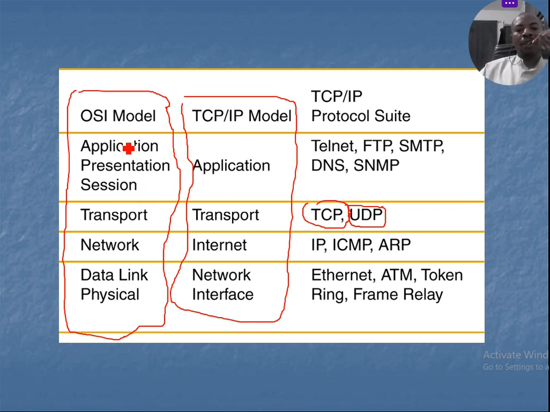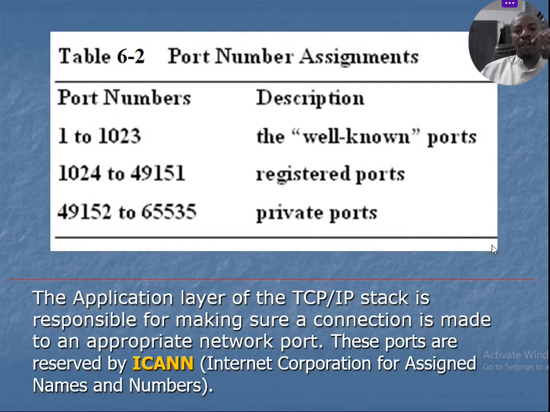All these three are compressed to become the application layer here. The protocol suites used at the application level include Telnet, the File Transfer Protocol (FTP), the Simple Mail Transfer Protocol (SMTP), the Domain Name Server (DNS), and the Simple Network Management Protocol. All these are used in the application layer. Is that okay? Let's move on quickly because of time.